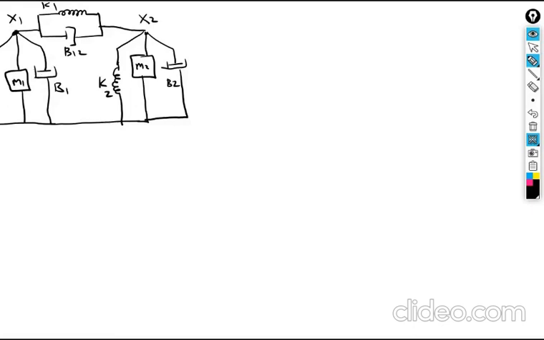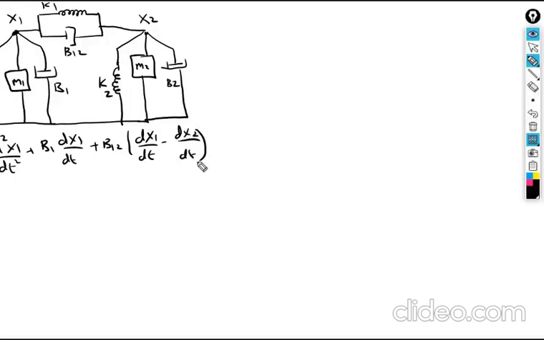One is m1 d square x1 by dt square, plus another one is b1 dx1 by dt, plus another one is b12. As it is also connected to x2, you need to write dx1 by dt minus dx2 by dt, and another element is plus k1 into x1 minus x2.